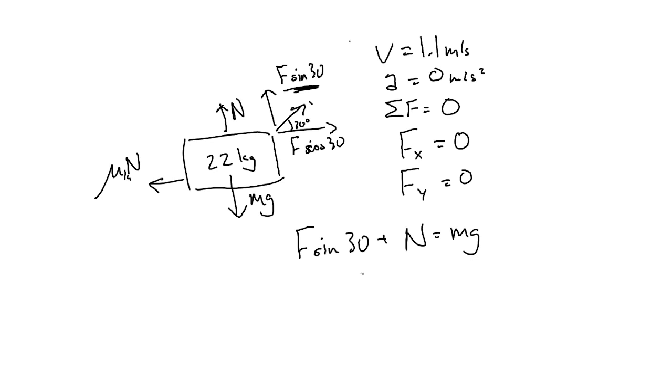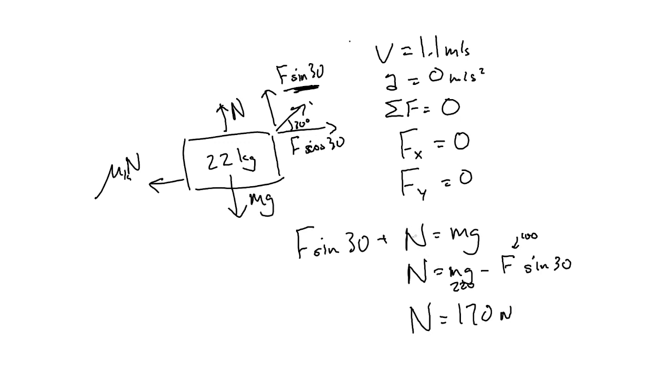That means our normal force is actually going to be equal to our gravitational force minus our force sine of 30. It's not just going to be our gravitational force. If we do this, remember that this is 100, this is 220. So 220 minus 100 times 1 over 2, since sine of 30 is 1 over 2. Our normal force is going to end up as 170 newtons.